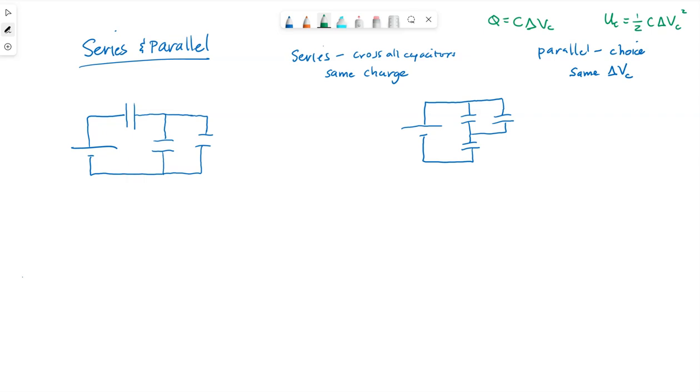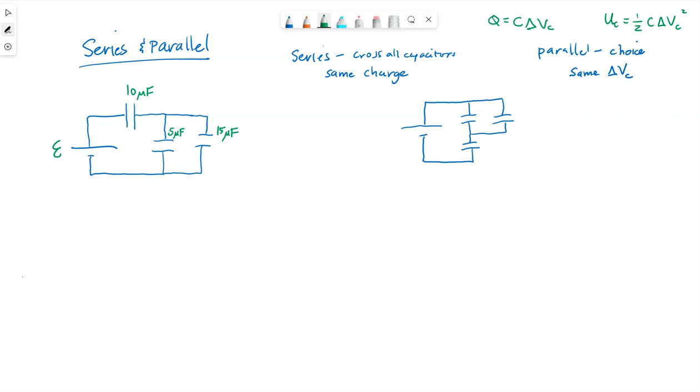In terms of problems that we are given, we could potentially be given a circuit like this first one on the left where we do not know the battery voltage, but we do know the capacitor values. And so I'm just making up some values here.